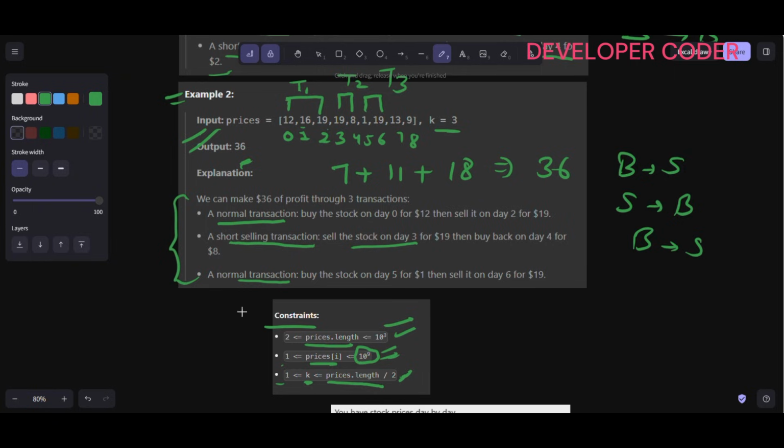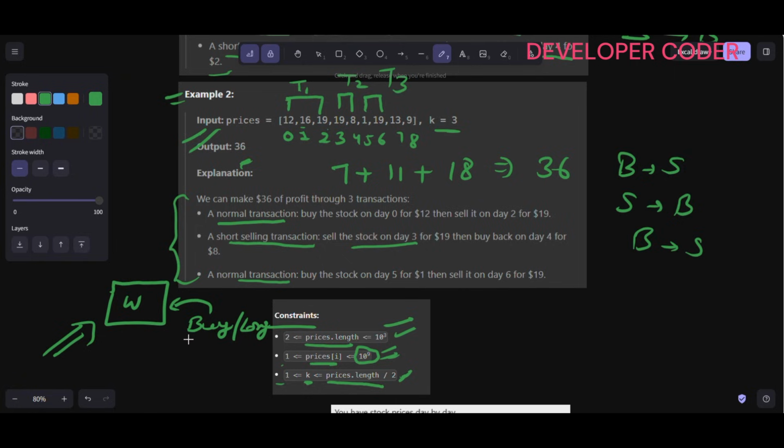Now here, let's say today is Wednesday, right? So now you have how many options? You can maybe buy any stock today. Buy means long term.